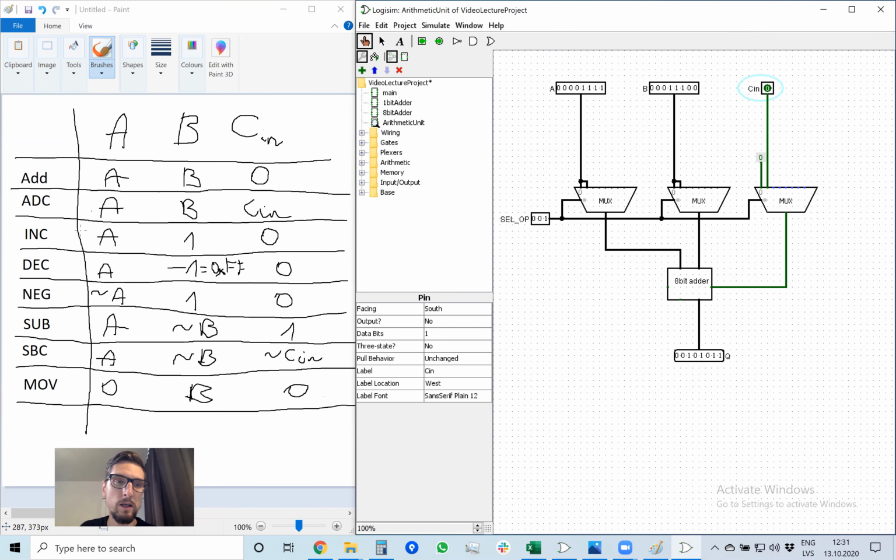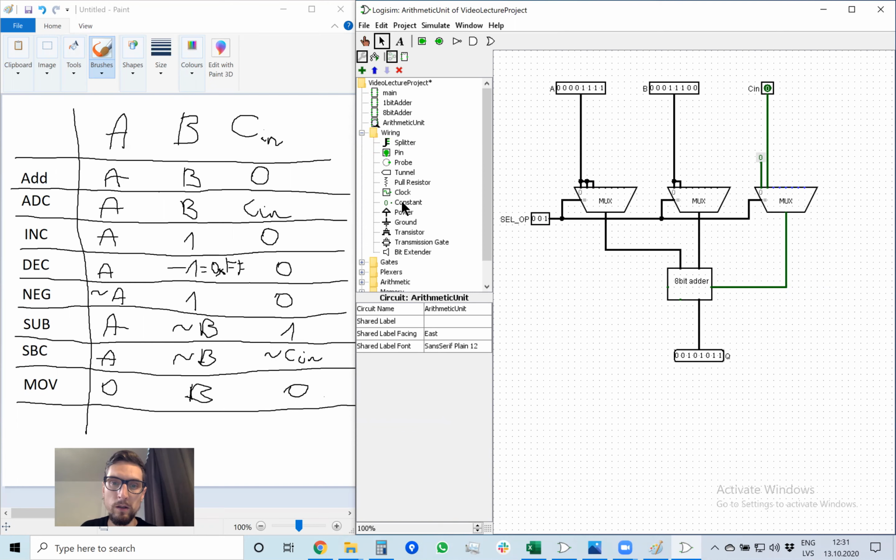Next part is increment. So for increment function, we need to select first input is A. Second input, instead of B, we will use a constant number 1. So again, under wiring, constant, what means 1? It means 0, 0, 0, 0, 0, 0, 0, 1.